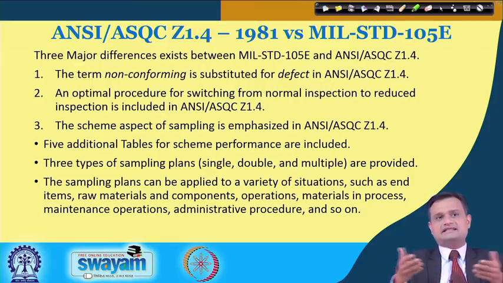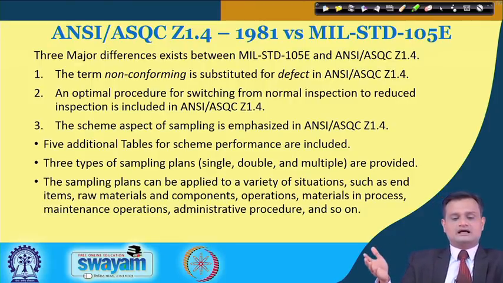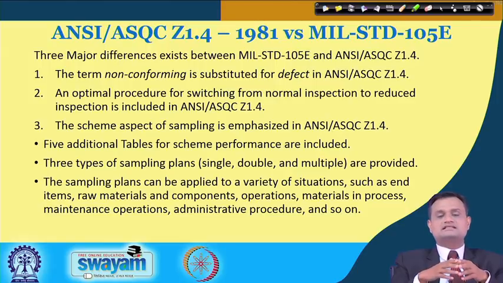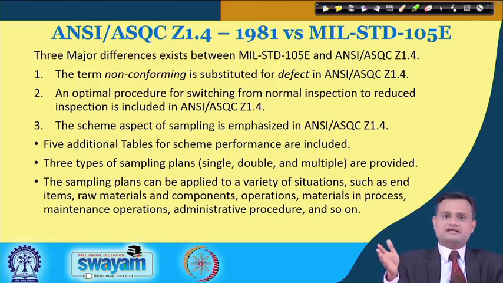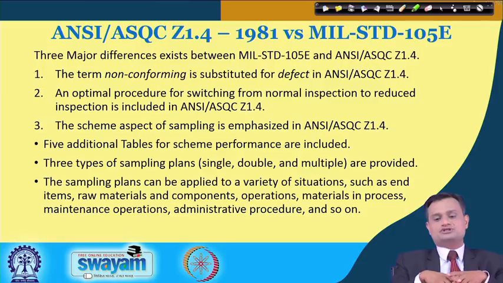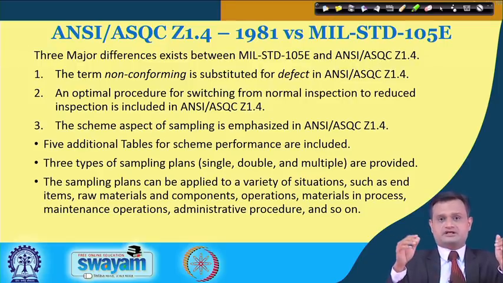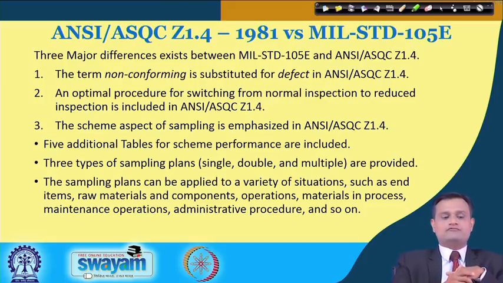In ANSI ASQC Z1.4, the term non-conforming is substituted for defect. An optional procedure for switching from normal inspection to reduced inspection is included, and the scheme aspect of sampling is emphasized in ANSI ASQ Z1.4.